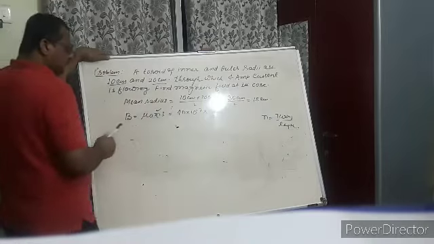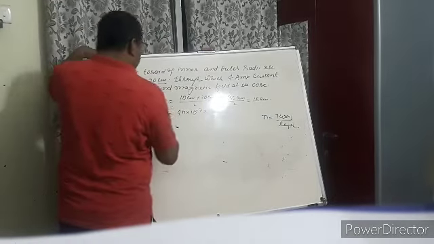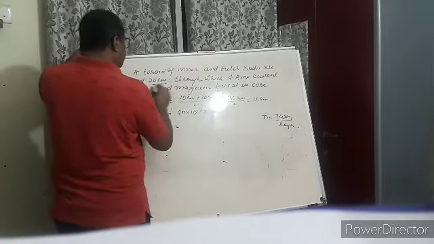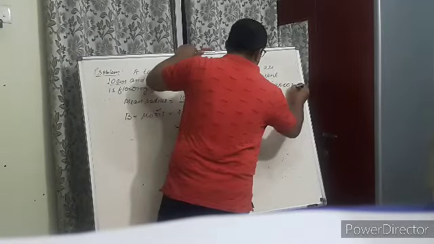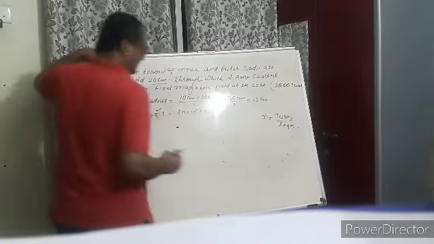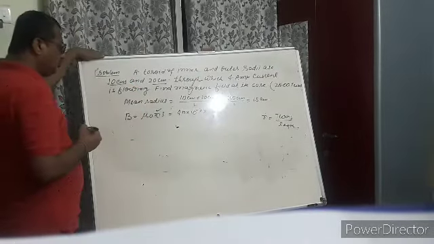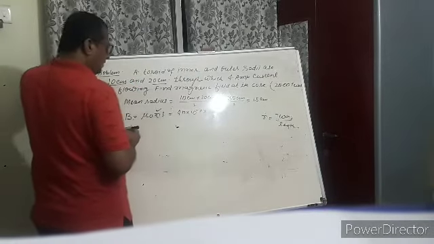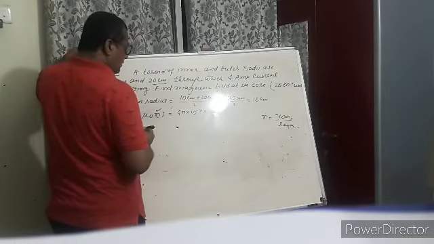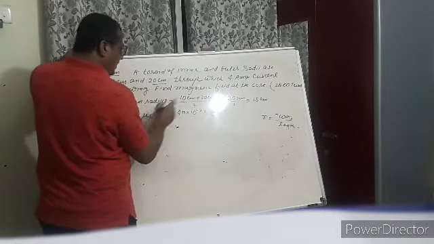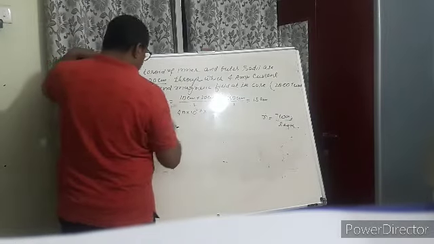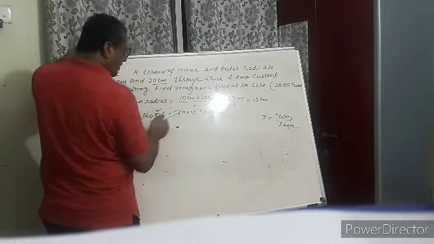Suppose here there are 2000 turns. Then don't be confused: you have to find n, the turns per unit length.